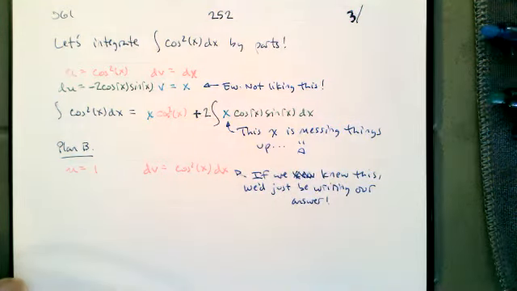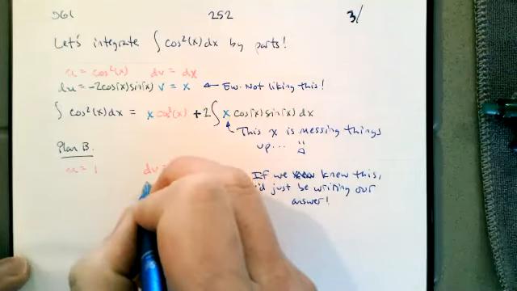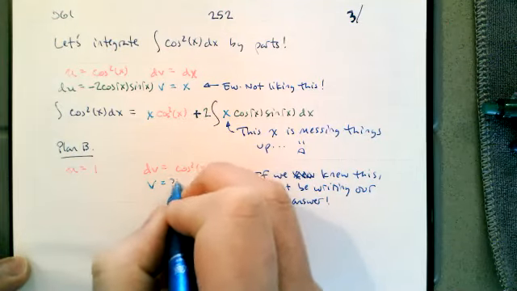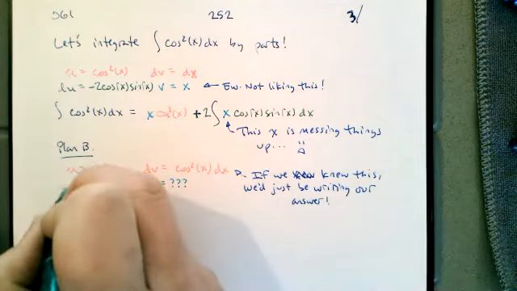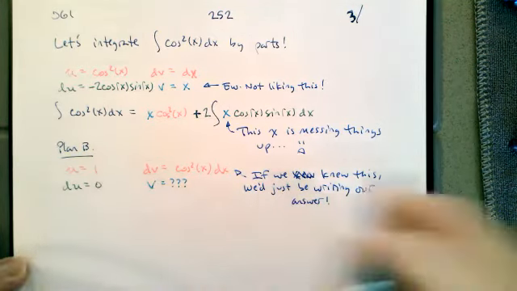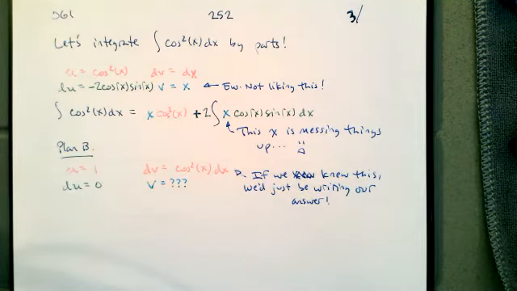So this is breaking Leach's first rule of integration by parts. dv has to be something that you can integrate. So if we could integrate cosine squared, we wouldn't be doing parts. We would just be writing down our answer.